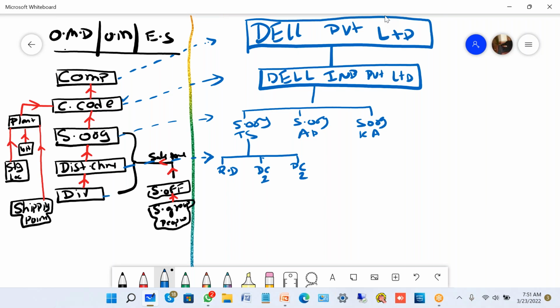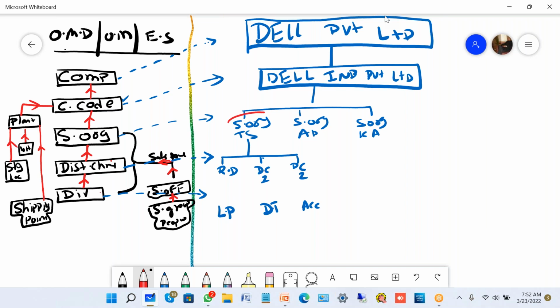Now, what is division? Division is all about product lines. How many product lines does Dell have? They have LP, the laptop segment, desktop, DT, and accessories. 3 product lines they got. Now, the combination of sales organization, distribution channel and division forms a sales area.